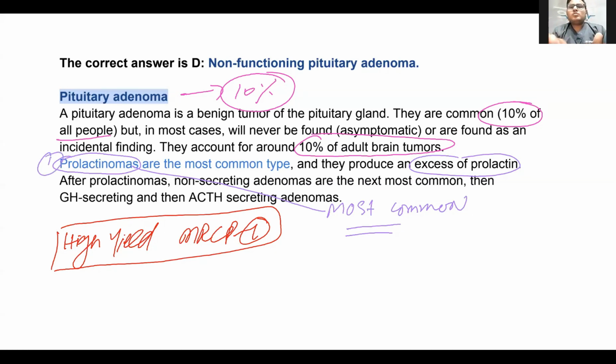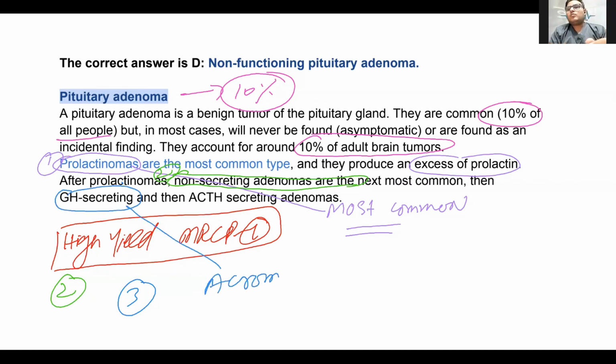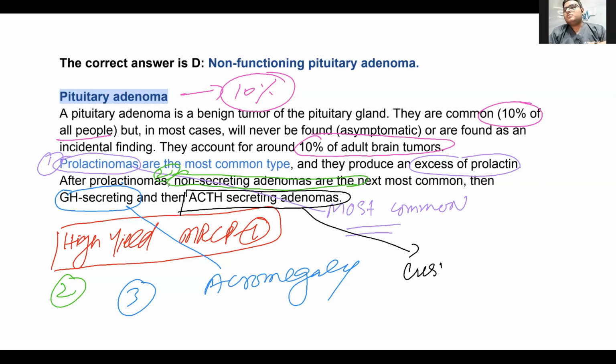Second is non-secreting adenoma. Third is growth hormone secreting, which causes acromegaly. And the fourth most important is the ACTH secreting adenoma, which presents with Cushing syndrome.